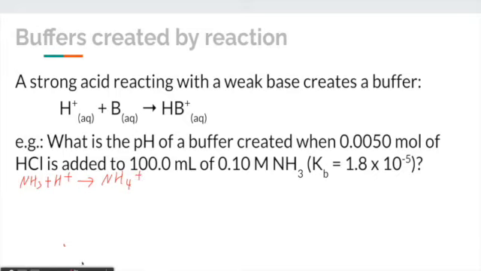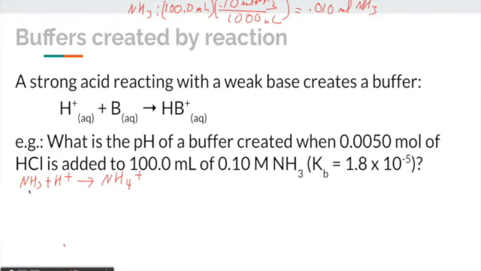So let's figure out what we started with. We have, for NH3 moles, 100 milliliters, and the concentration is 0.10 moles of NH3 per 1,000 milliliters, which leaves us with 0.010 moles of NH3.